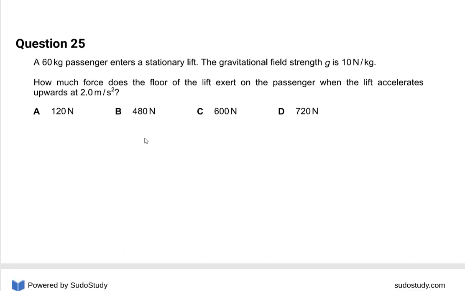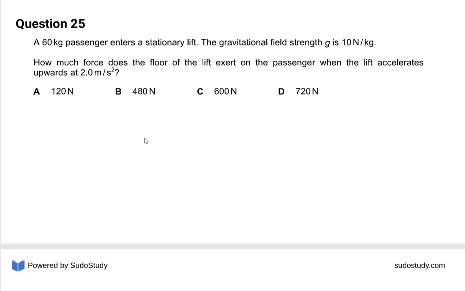Mass, gravity g, field strength, how much force is needed, F is needed, acceleration. How much force does the floor of the lift exert on the person when it accelerates upwards?